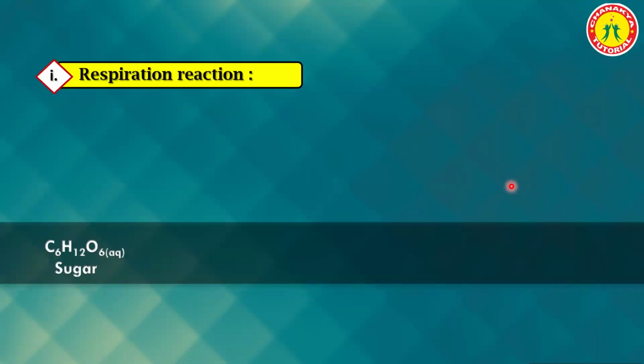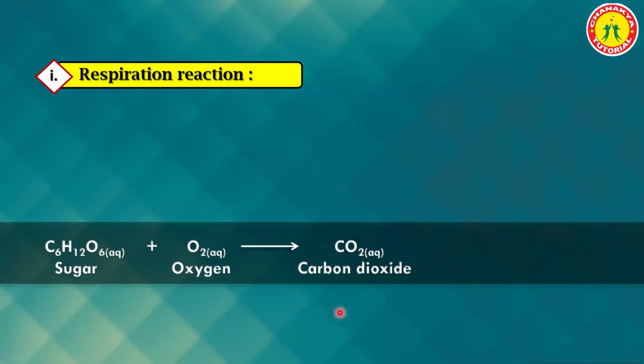Another example is the respiration reaction, where we burn sugar. What is present in the food we intake? It is sugar, for example. It combines with oxygen that we inhaled and gives out CO2 to the atmosphere plus water, and some energy is released that is consumed by our body.